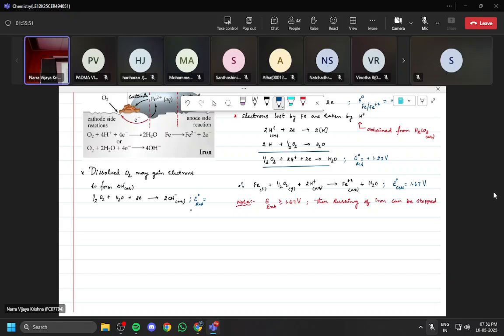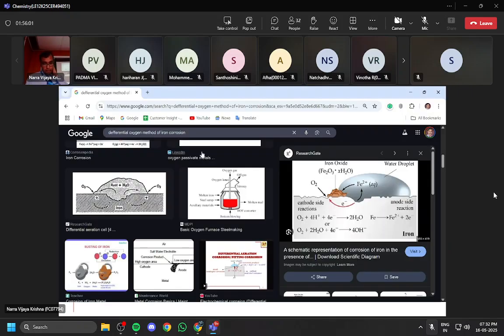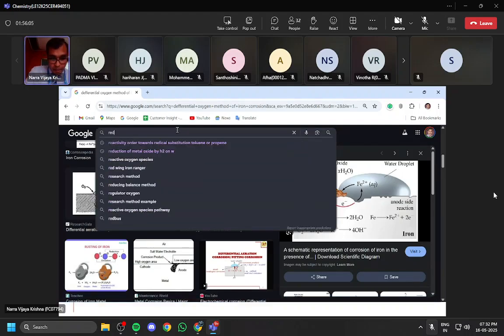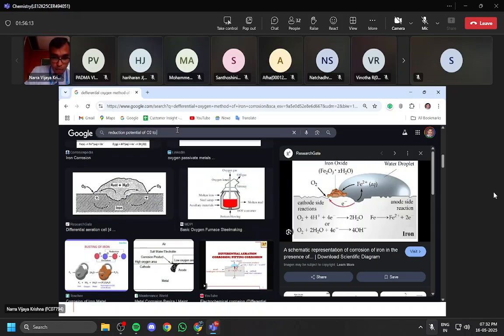Is there any other? Check, sir. Is there any other reaction with the exact voltage or exact reaction given? Reduction potential of O2 to OH minus.